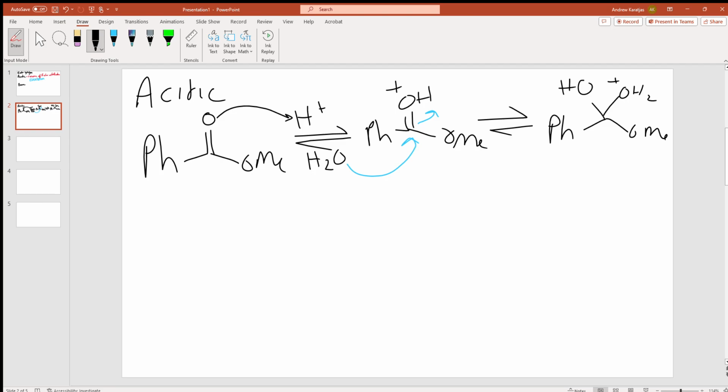From here, we can get a proton transfer from what was the water that attacked over to the group that needs to leave, the methoxy or the O-methyl group. Although since we're under acidic conditions, it won't be a methoxy group when it leaves, but methanol.